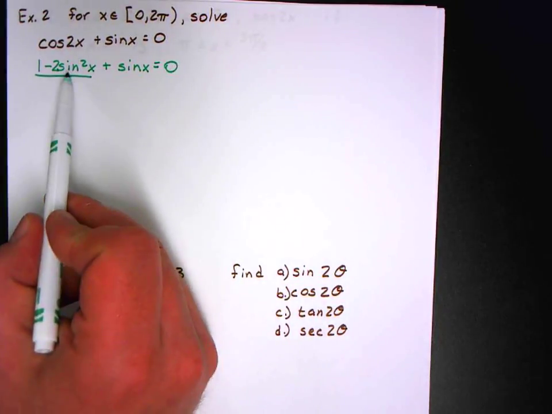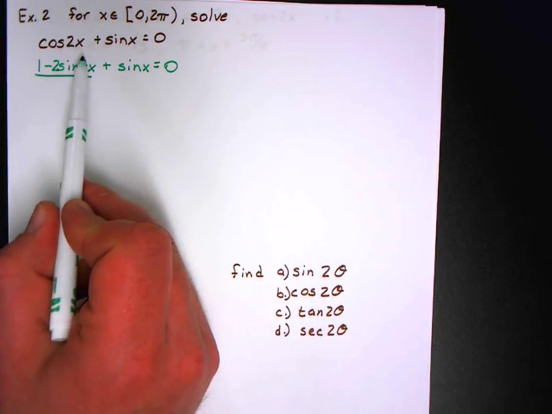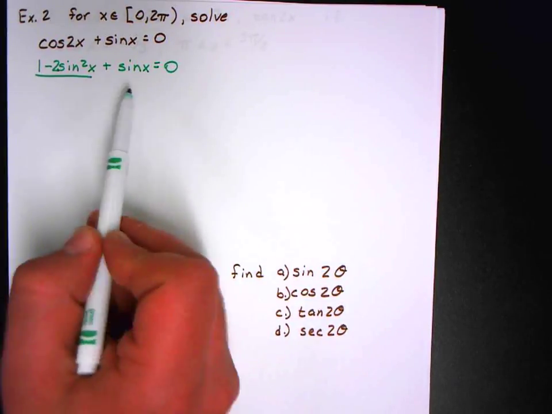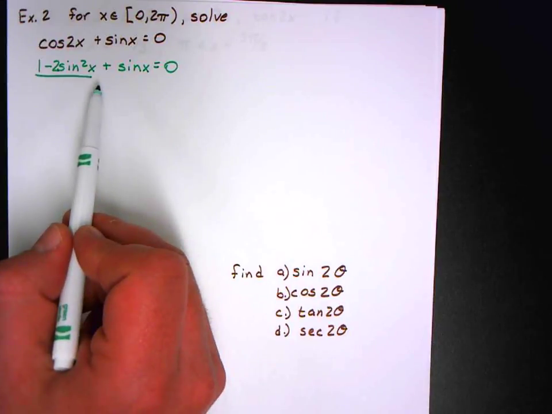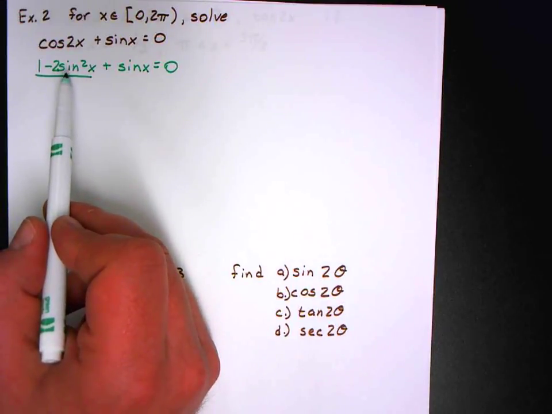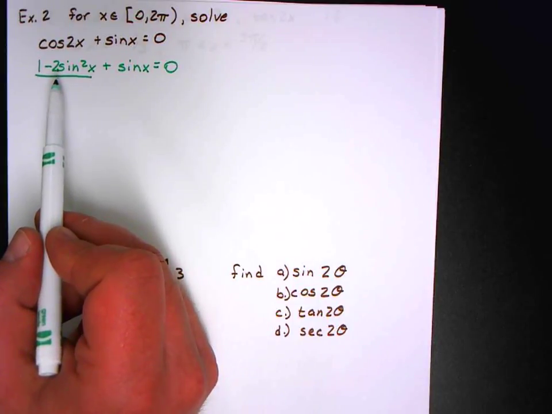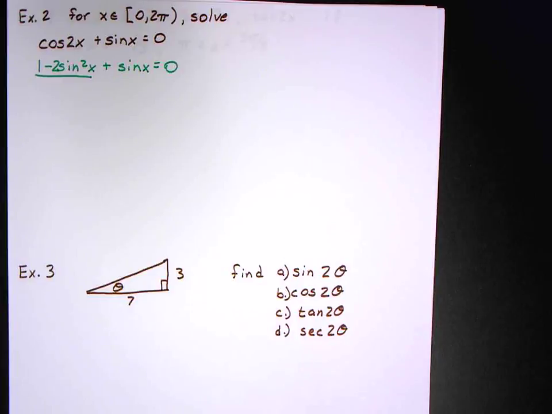I picked this one because I'm going to have to do some sort of factoring. I need to have both of them being sines. If I picked something with a cosine, I couldn't do anything with it still. I need to have the same trig functions in order to factor. I couldn't take a sine out unless they all had sine in them.